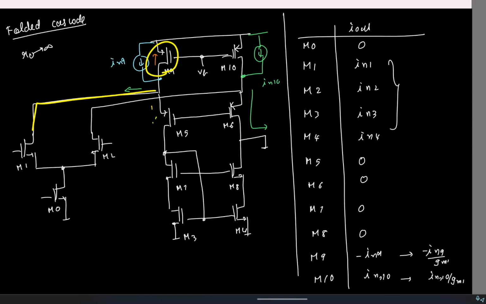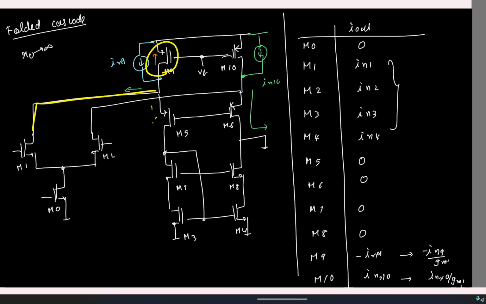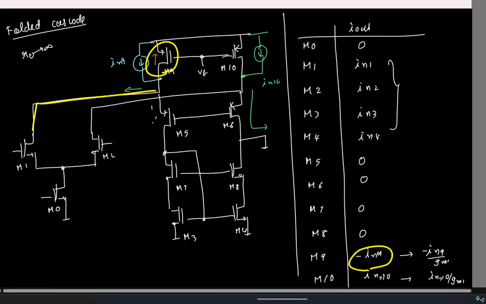So if I quickly write the power spectral density, earlier with my 5-transistor OTA and the telescopic cascode, I had something like this: 8 kT gamma by GM1 plus 8 kT gamma GM3, divided by the gain GM1 square. Now I have two additional sources, IN9 and IN10, which are also getting divided by GM1.